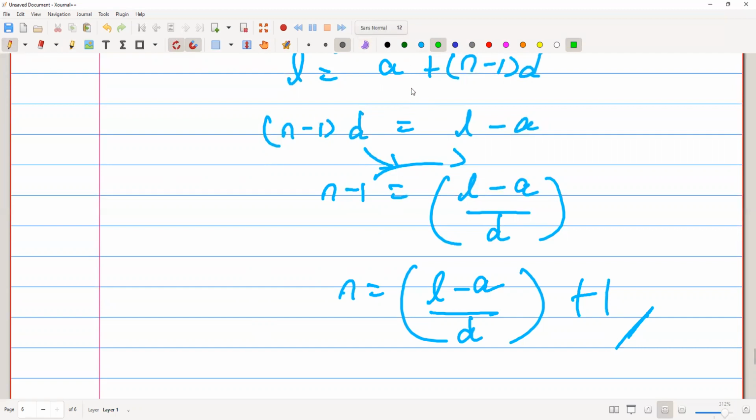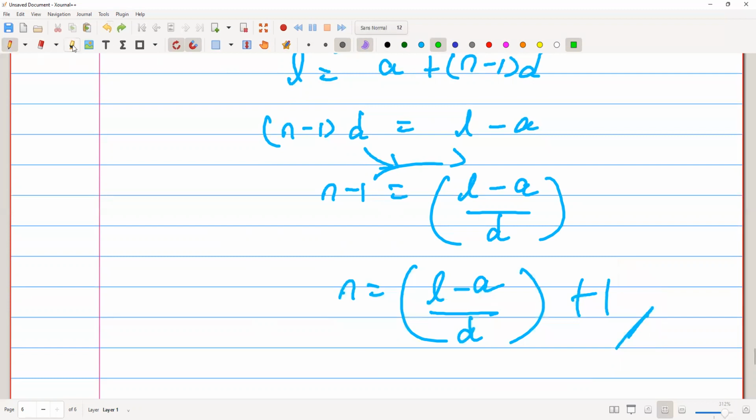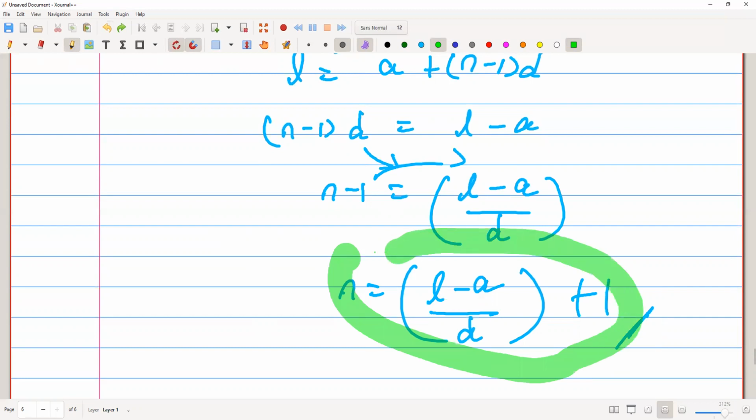If they are not strong, they can use the first fundamental formula, apply all the points and take it here and there and get it. From that formula only we got this. So we will be using n equal to L minus A divided by D plus 1 again and again, in a lot of places. We should not forget this formula.